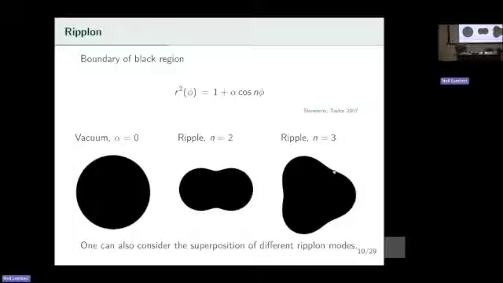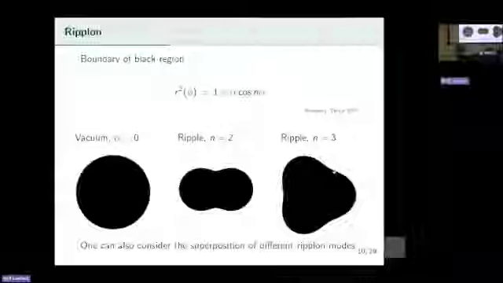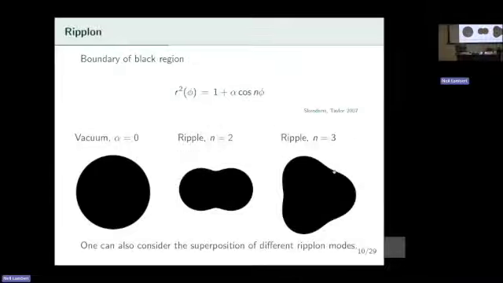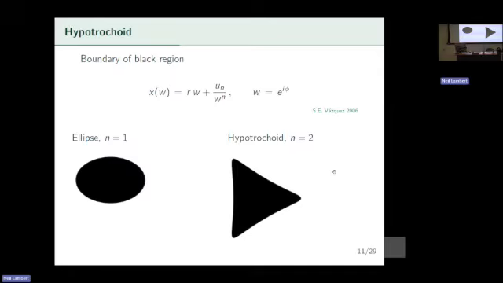One can also consider the superposition of such Riplons, which will also lead to some non-trivial correlators, as I will show later. The second class of perturbations that one can consider is generated by this curve, which is called hypertrochoid.